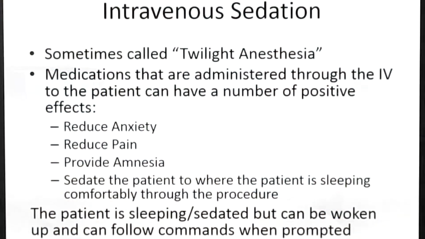The next level of anesthesia is what we call intravenous sedation, which is also referred to in layman's terms as twilight anesthesia or twilight sleep. And what this means is that an IV is started. An IV is basically an intravenous catheter, kind of like getting your blood drawn in the lab.